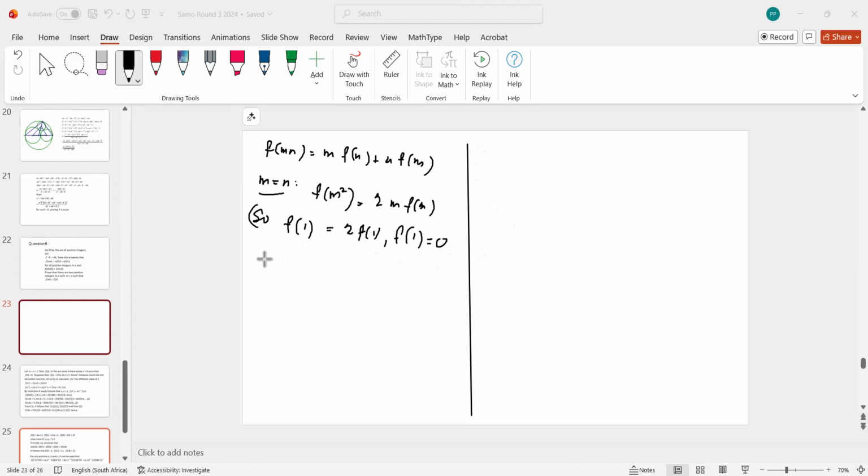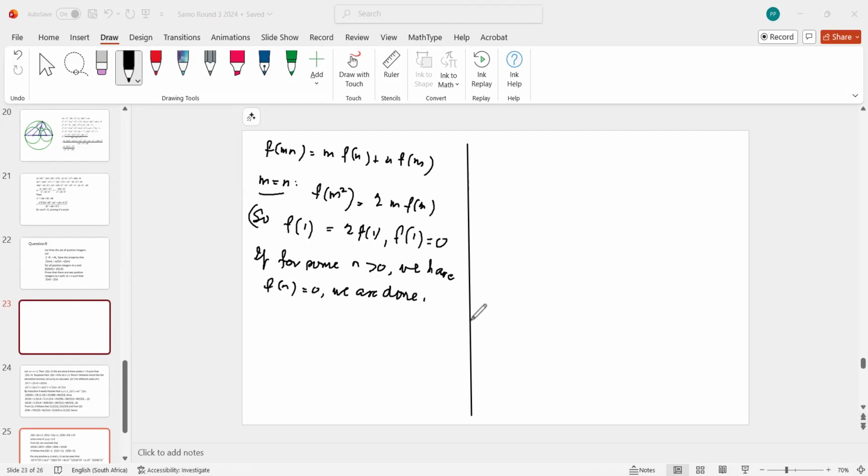So if for some positive value we have that f of n equals 0, we are done.